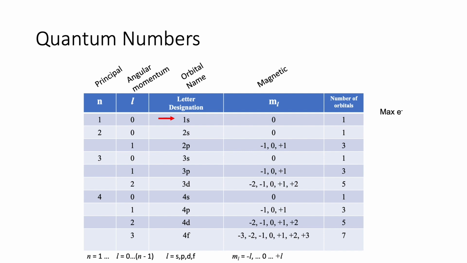Because the angular momentum is 0, the magnetic quantum number can only be 0. Because there's only one answer for the magnetic quantum number, there's only one orbital present. The one orbital can hold up to 2 electrons.